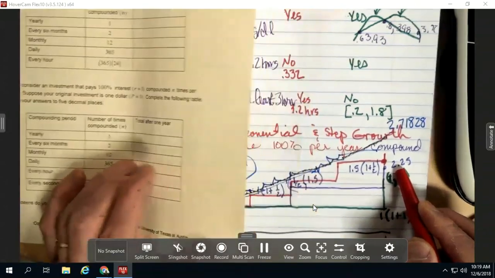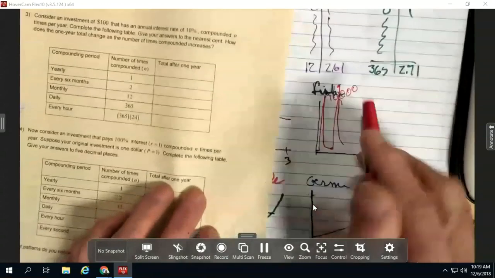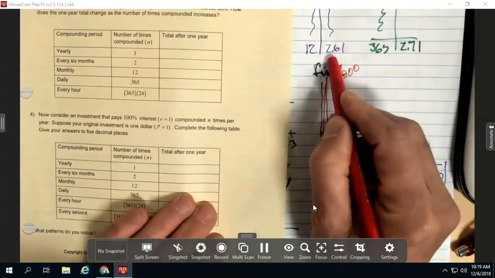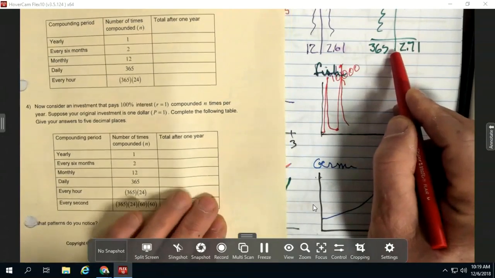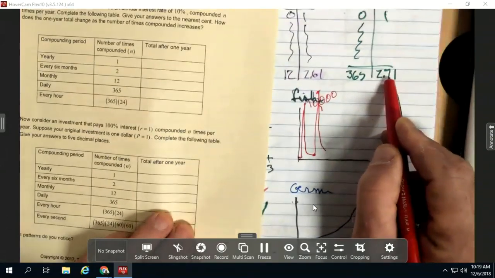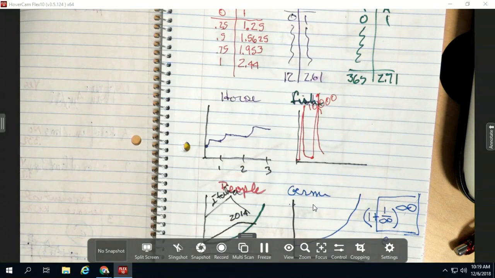If we compounded it monthly, we ended up with 2.61. If we compounded it daily, we ended up with 2.71. Hourly and secondly, it doesn't matter. It's still going to be about 2.71.